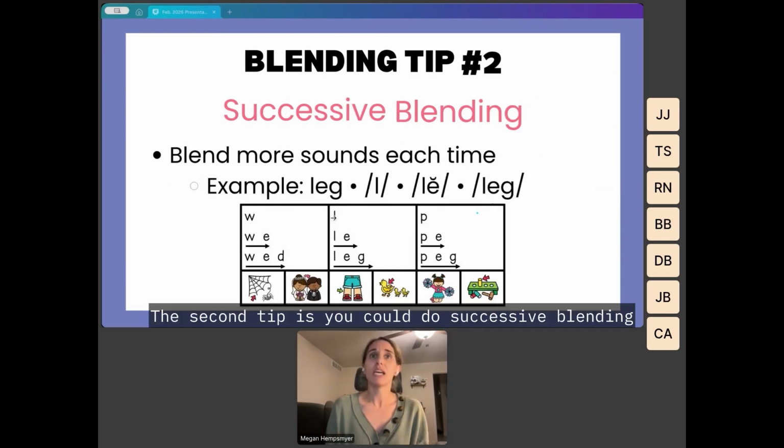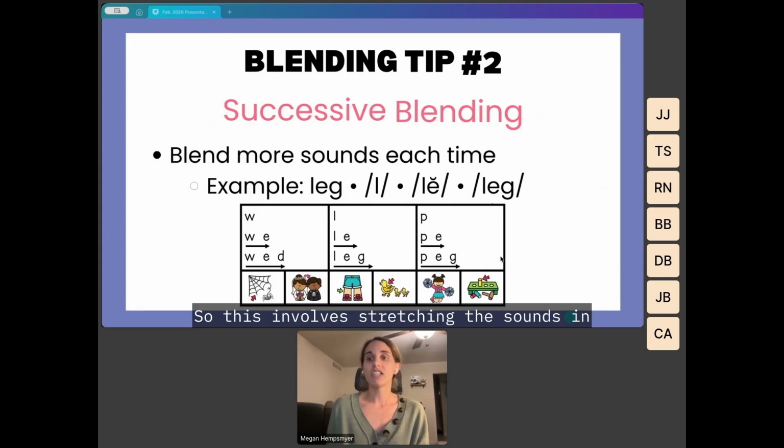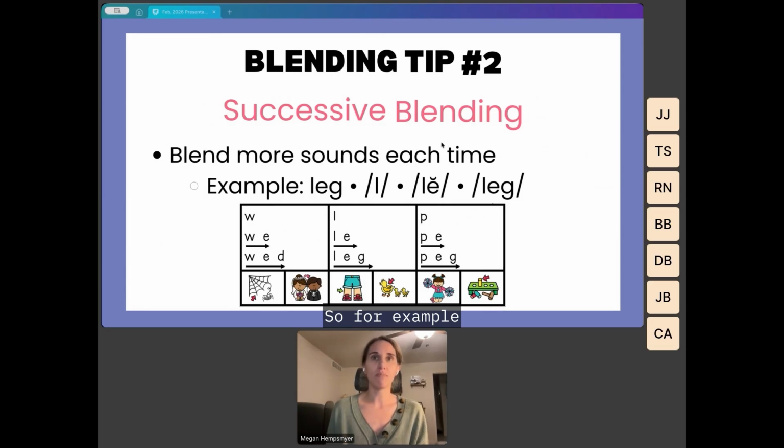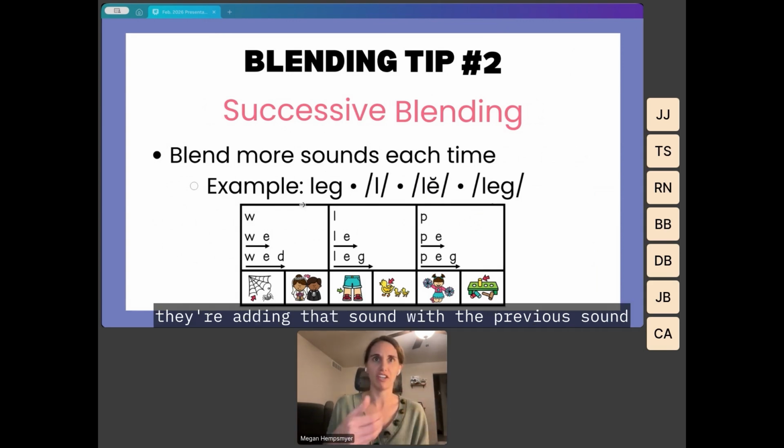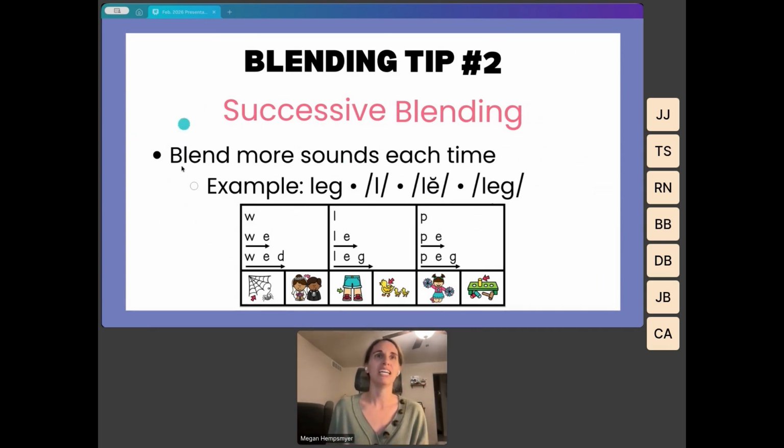The second tip is you could do successive blending. This involves stretching the sounds in a word continuously without breaking the flow. For example, each time you add a sound, they're adding that sound to the previous sound, if that makes sense. I'll do an example. It says right here, blend more sounds each time.